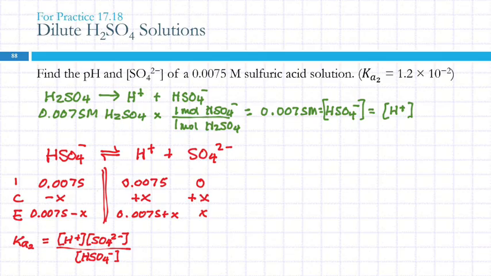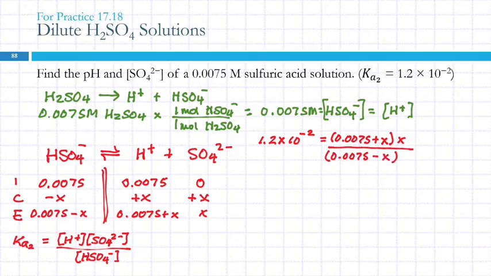They told us Ka2 was 1.2 times 10 to the minus 2. And so then we've got H plus 0.0075 plus X, and the SO4 2 minus is X, and down here 0.0075 minus X.